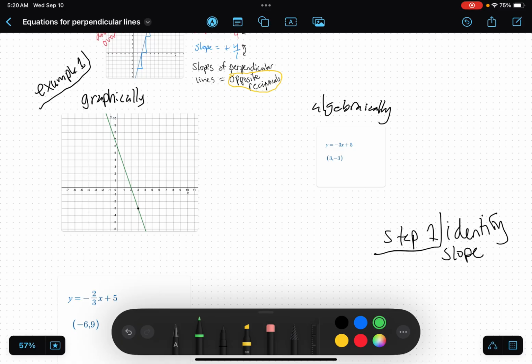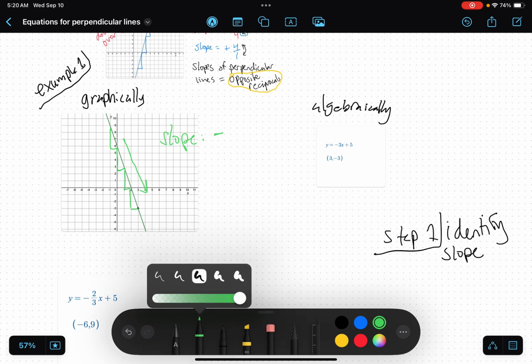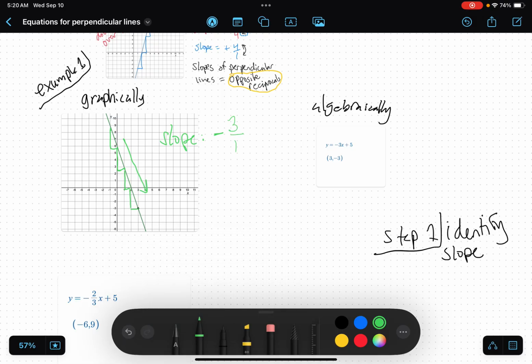So if I'm looking at my graph, the way that I can find my slope is just doing my little slope triangles. For these problems, you're going to really have to pay attention to positive and negative slopes. I can see this one has a negative slope, the rise is 3, and the run is 1. So that's my slope ratio for my green line.